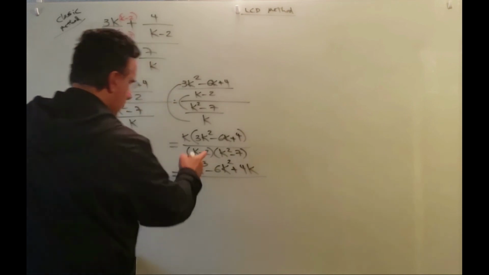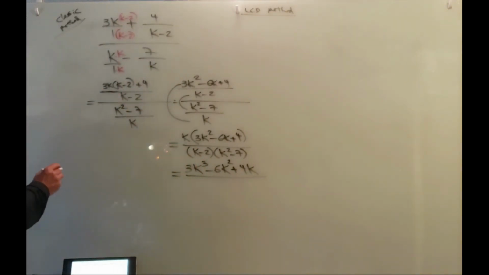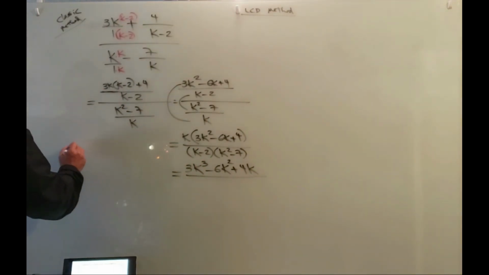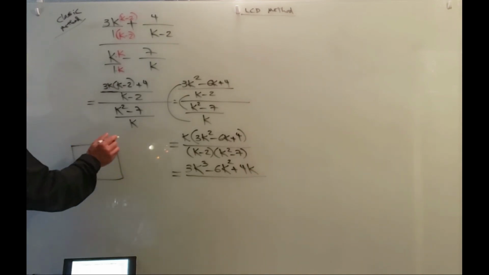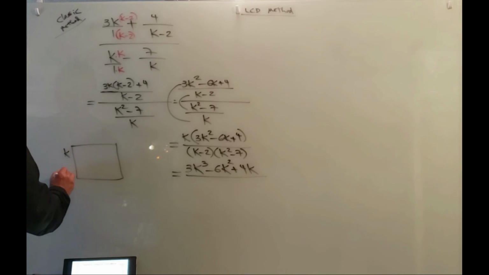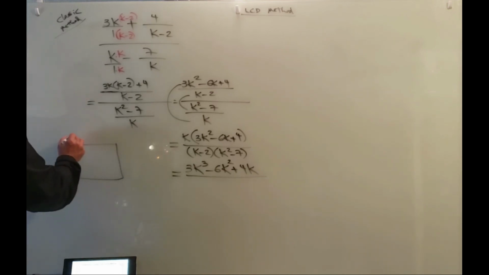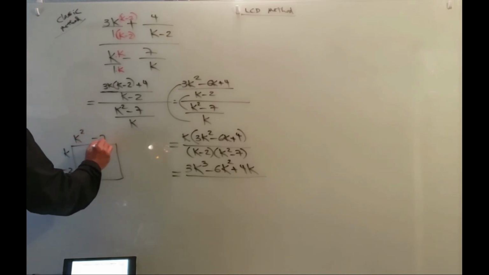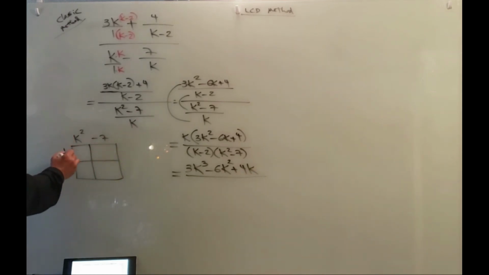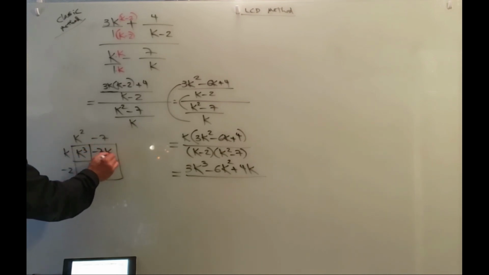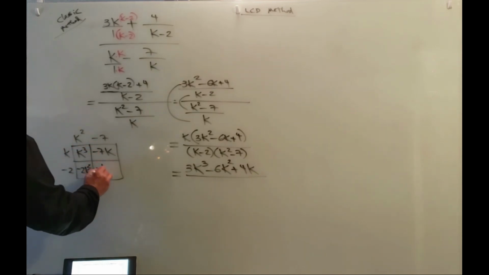And if I go ahead and multiply that fraction, multiplication, remember we can use a box method for that. So we have k minus 2 times k squared minus 7. We go ahead and multiply that out. We end up with k cubed here minus 7k minus 2k squared and then plus 14.